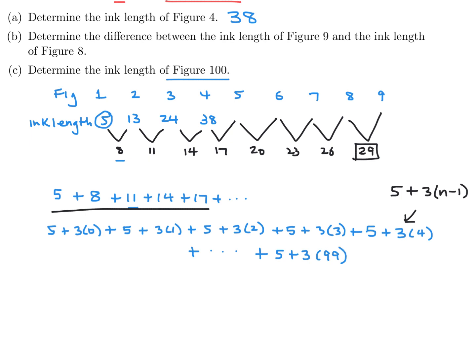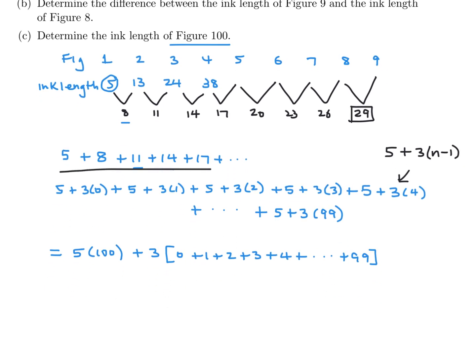All right, so hopefully I've done this correctly. Okay, so now I think I can add it up. So we got, how many terms do we have? 100 terms, so the 5 will be 100 times. And then we have a 3, and we can factor out the 3 and then get 0 plus 1 plus 2 plus 3 plus 4, all the way till 99.